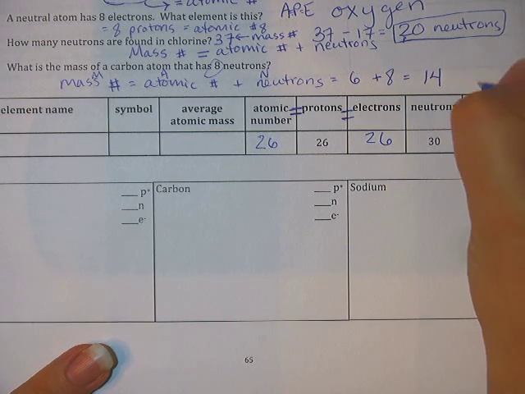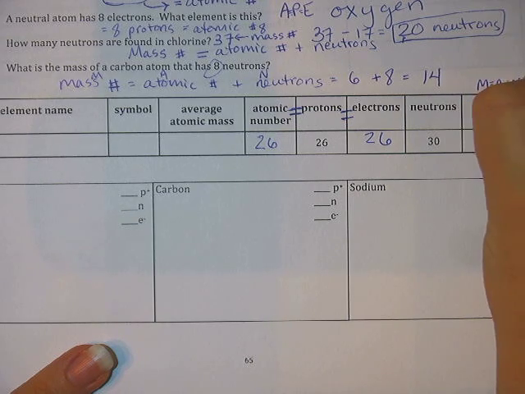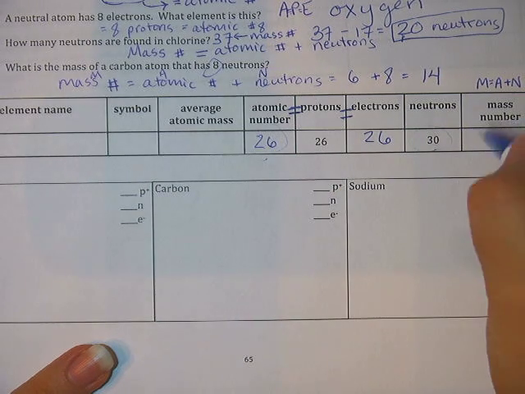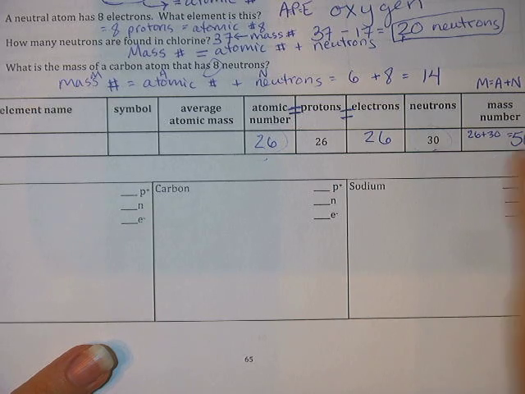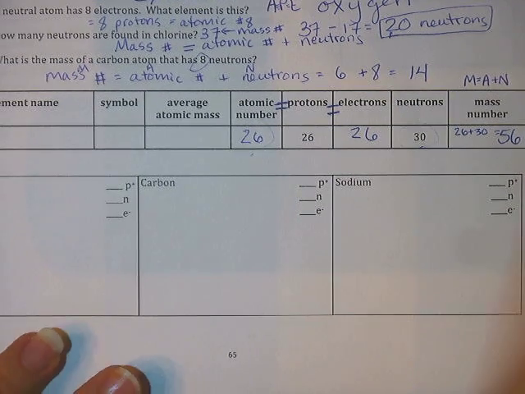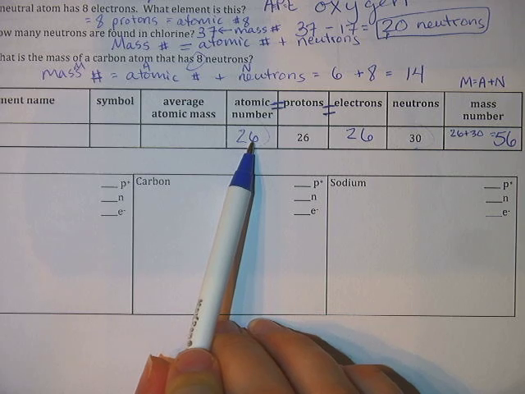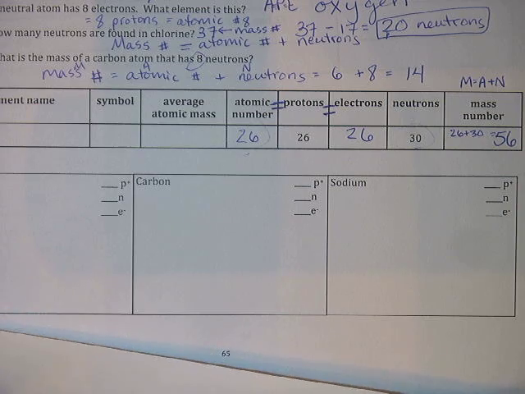Remember, from APE MAN, the mass number is equal to the atomic number plus neutrons. So my atomic number was 26. Neutrons are 30. If I do 26 plus 30, that is 56 for my mass number. From there, filling in these first 3 boxes should be fairly straightforward, because now if I know it's atomic number 26, I can go to my periodic table and figure out the element name for number 26.